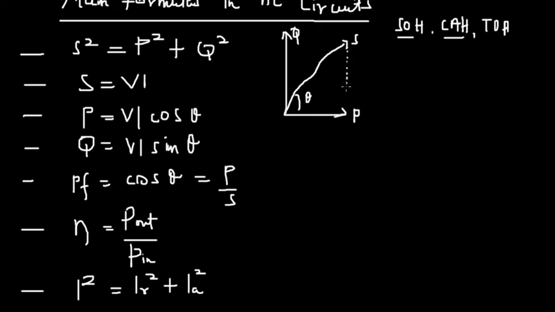Let's draw an imaginary line over here, and when we do this, we have a right angle triangle. Now let's use our SOHCAHTOA. Let's use sine. Sine theta will give us the opposite, which is S, divided by the hypotenuse, which is P.